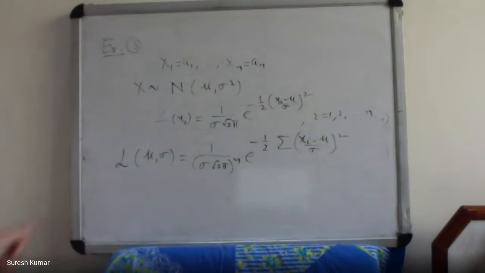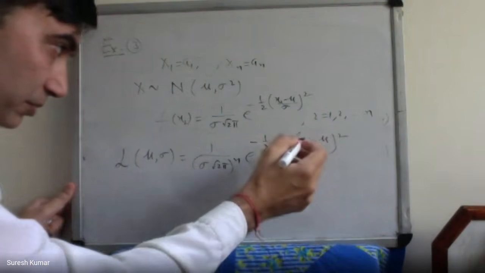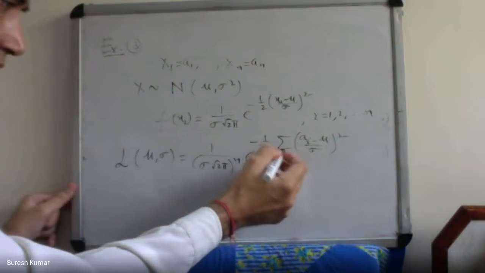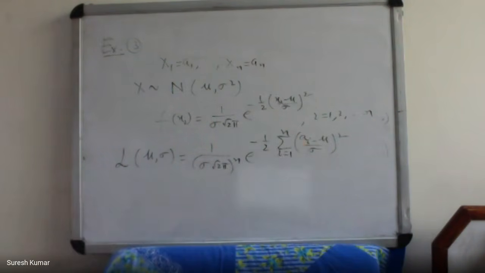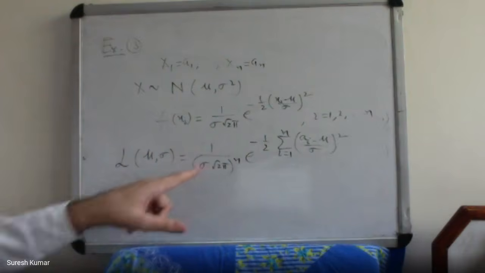Now xi values are given as ai, so you can replace these by ai, i goes from 1 to n. So this is your likelihood function for mu and sigma. The ai are given to you, so the right hand side is a function of mu and sigma.